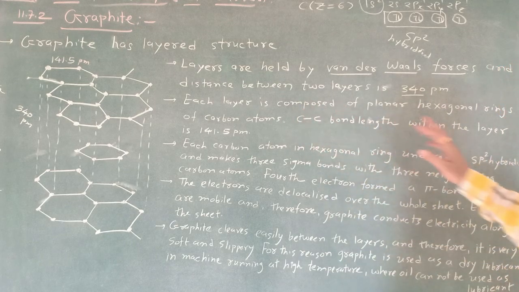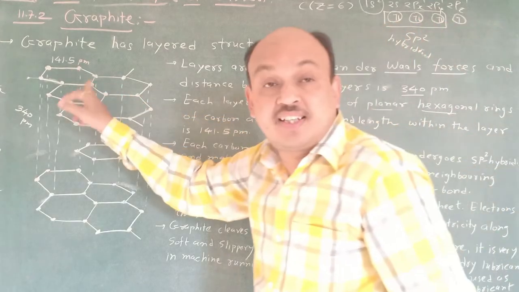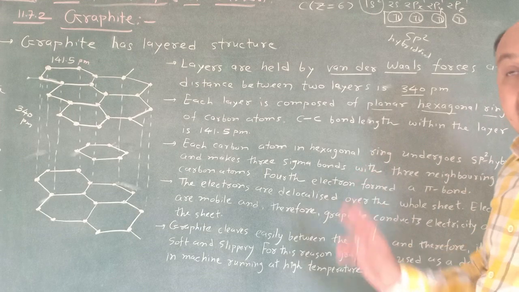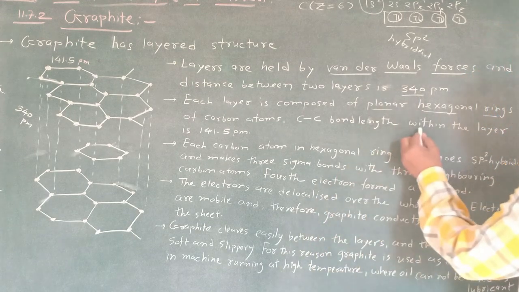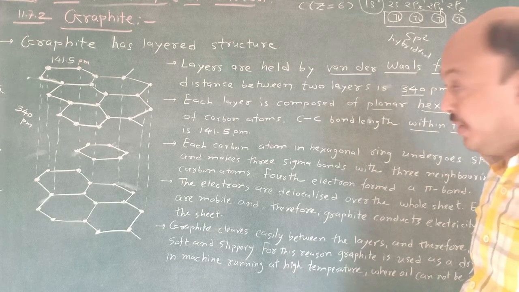Each layer is composed of planar hexagonal rings of carbon atoms. The C single bond C bond length within the layer is 141.5 picometer.